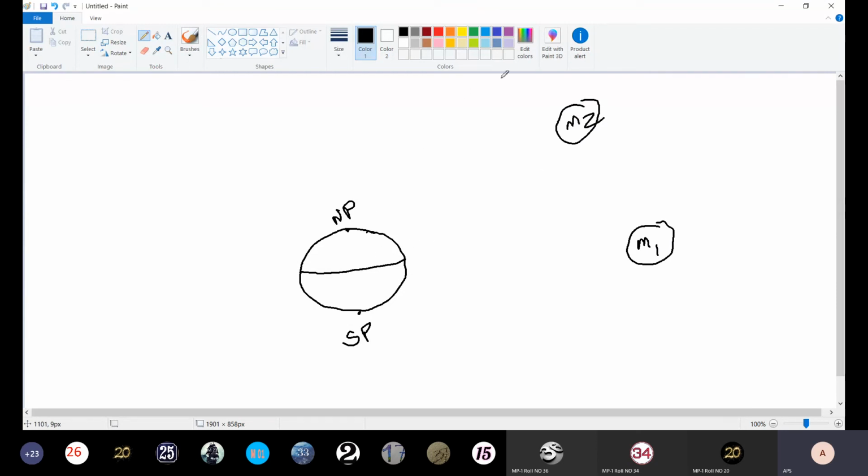So what will happen to the water? In position M1, the water is going to rise like this. This is for M1. And position M2, it is going to be like this.